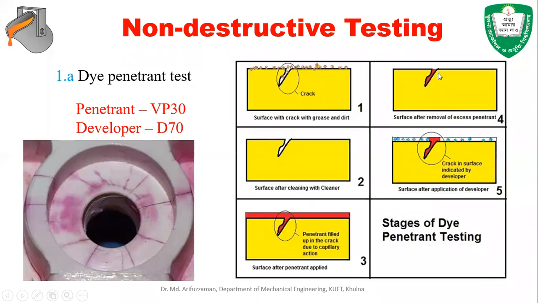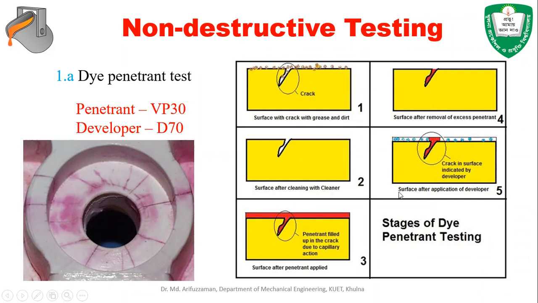Sometimes for larger cracks you might be able to see it, but where the crack is very small or tiny, you will not be able to see where the crack is until you spray the developer on the surface.